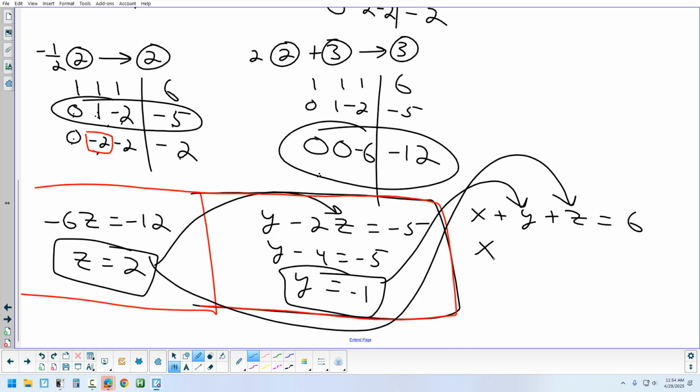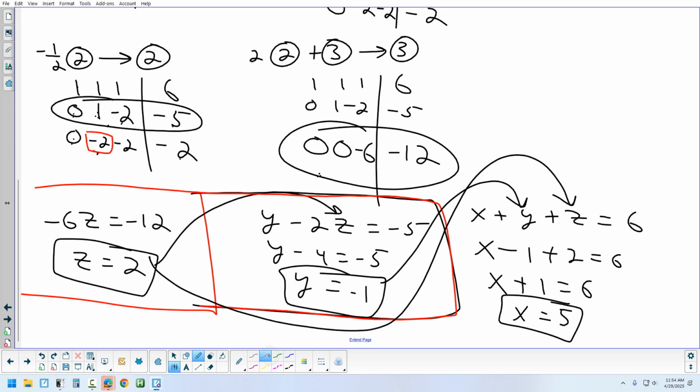So x minus 1 plus 2 equals 6. Negative 1 plus 2 gives me positive 1, which means x would have to be 5. That is your third answer.